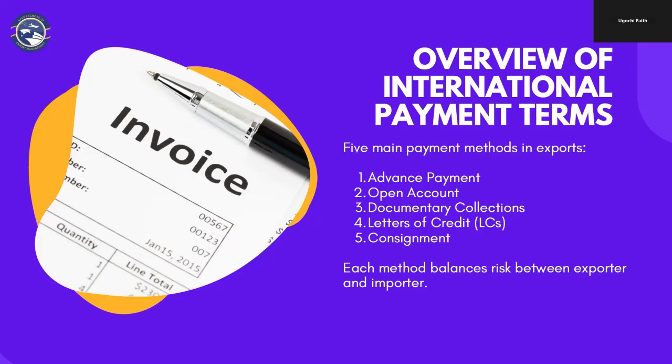And when that commodity gets there and the buyer has cleared it, the buyer will now pay you the money both of you agree on. That is what open account is all about. We are still going to dig deep into each option.